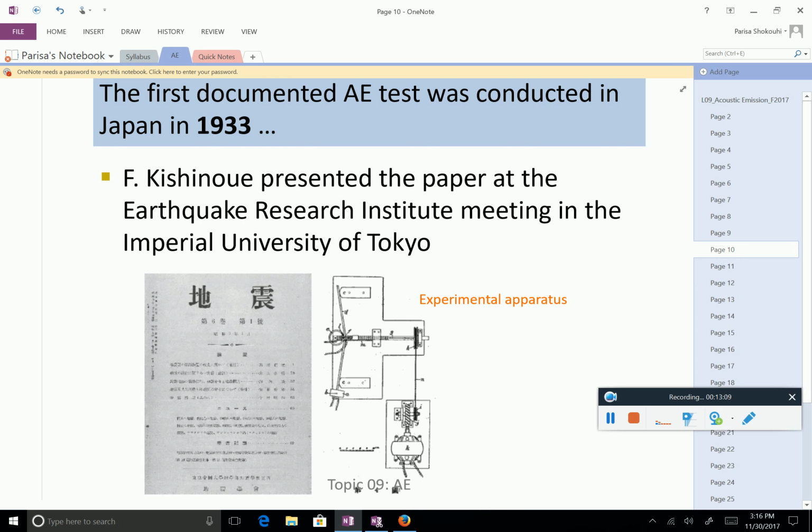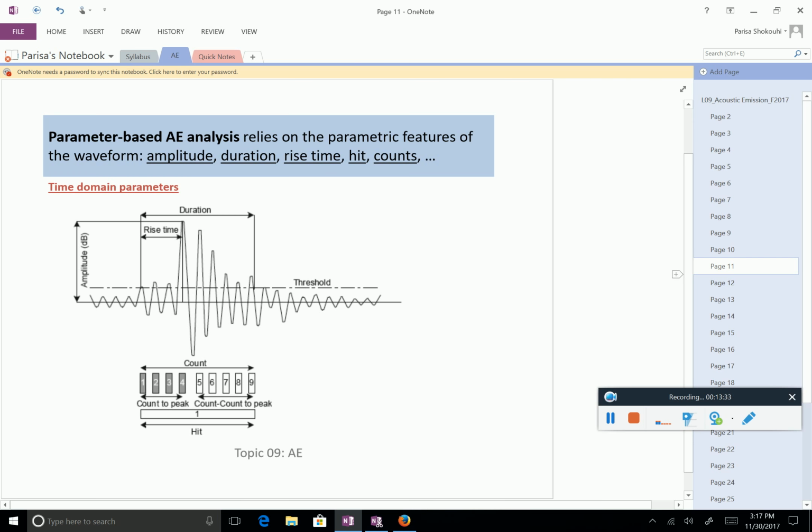It was an earthquake research institute meeting apparently in Tokyo, but I have trusted the translation that I've seen in the source, so I don't know. And in 1933, they were looking at the bending of a piece of wood, and they did something very similar to what we call acoustic emission today. So in the old times, and as you will see, this is still being used for very good reasons.